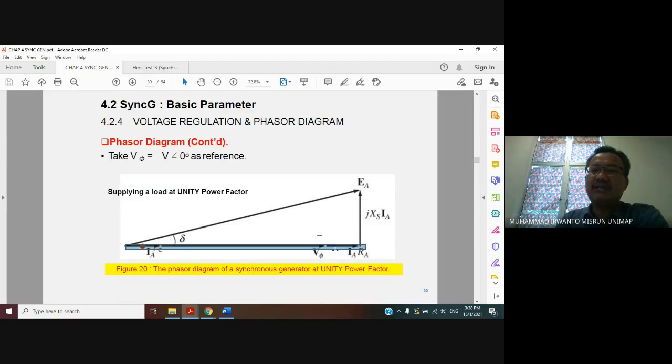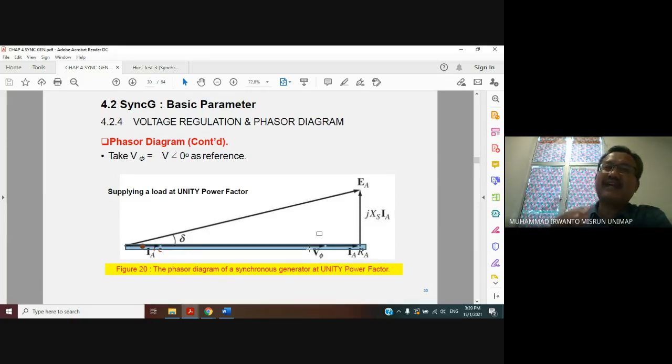The phase voltage is always the reference, meaning its angle is always zero, so we draw it on the horizontal axis. Okay, understood?